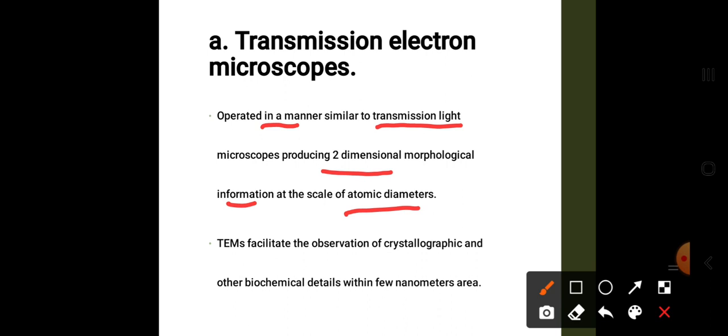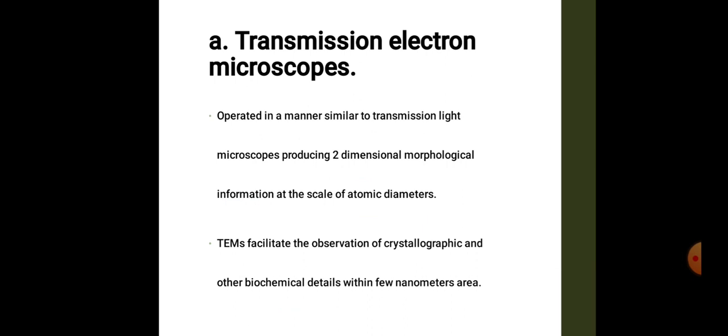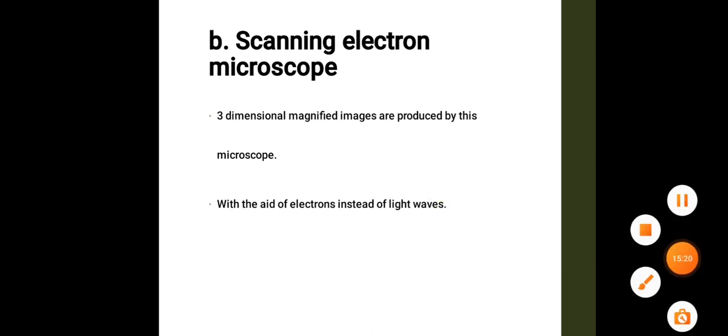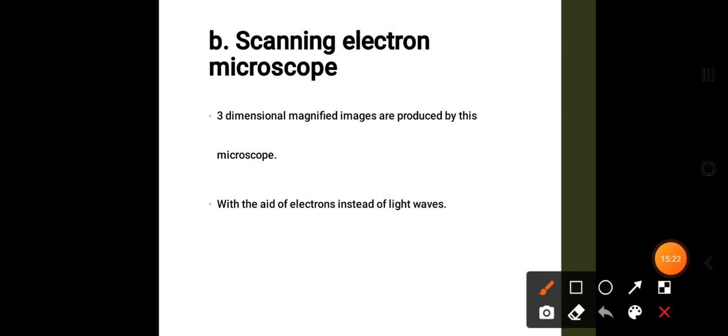The transmission electron microscope facilitates the observation of crystallography as well as biochemical details within a few nanometers.